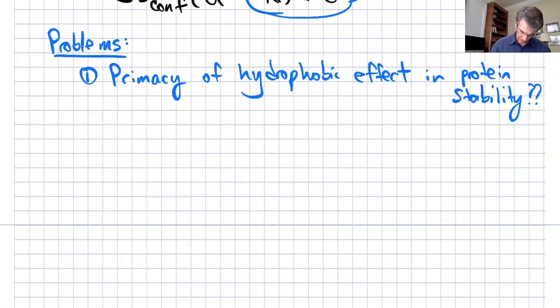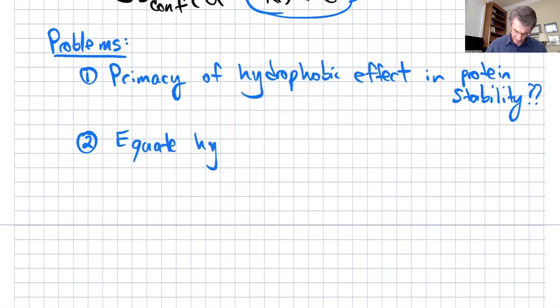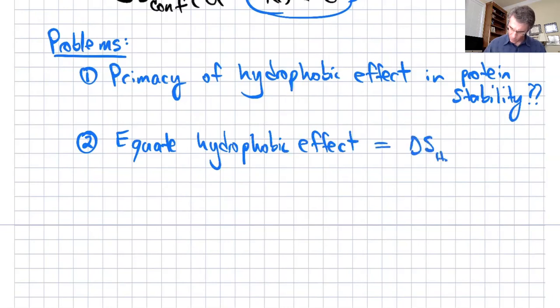Okay, the second issue has to do with the way this is frequently presented. It's fairly common for people, in discussing the hydrophobic effect, especially in the context of protein folding, to equate the hydrophobic effect with this increase in the water entropy, right?